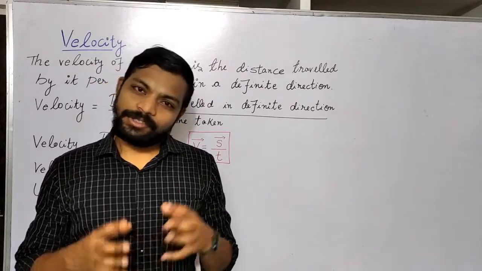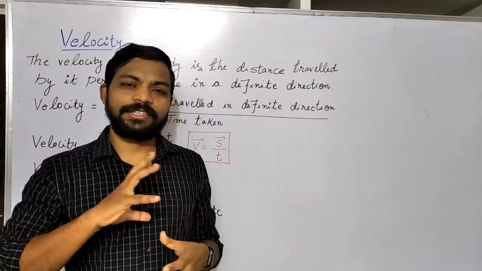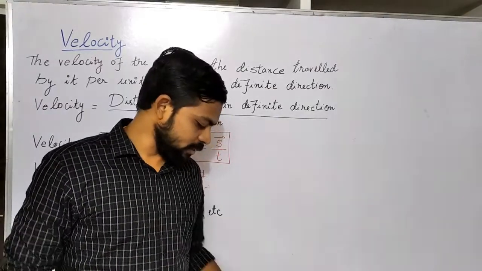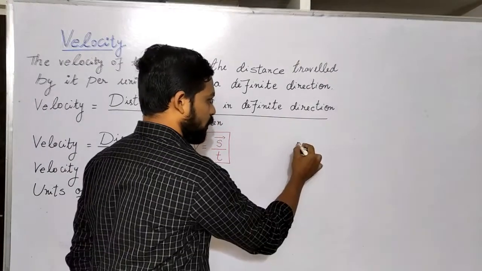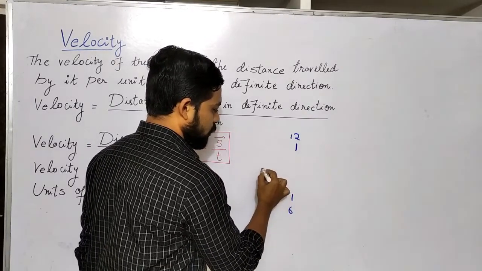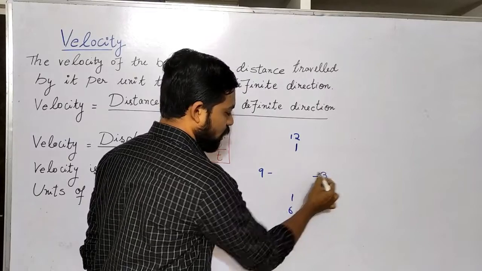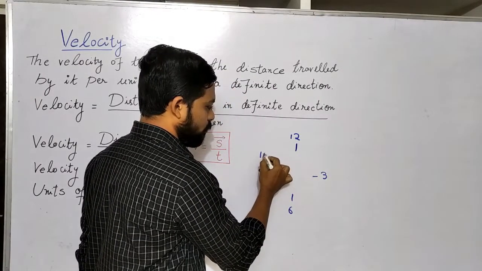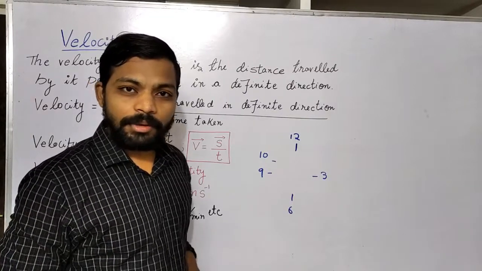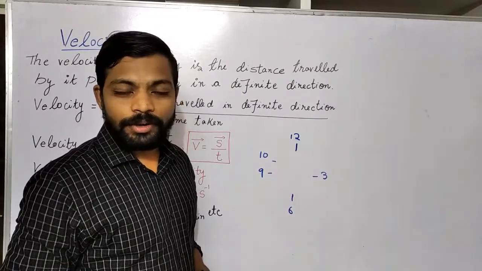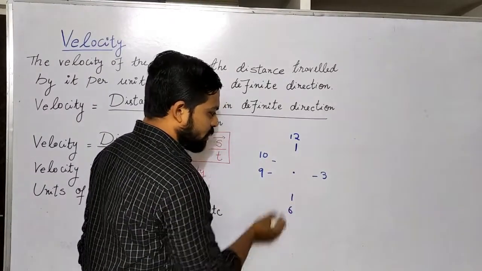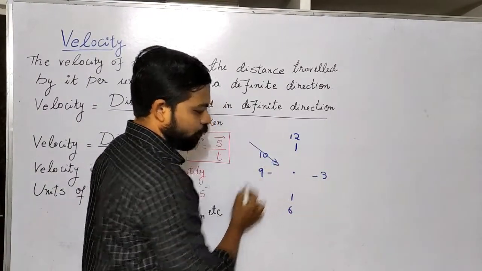No. Generally the clock is also used to tell the direction. What it means is, for example, you all know that this is 12, this is 6, this is 9, this is 3, and you all know this is 10. So when they are giving the information that the enemy is coming at a speed of 50 km per hour, 10 o'clock, it means that you are here and the enemy is coming from this side towards you.